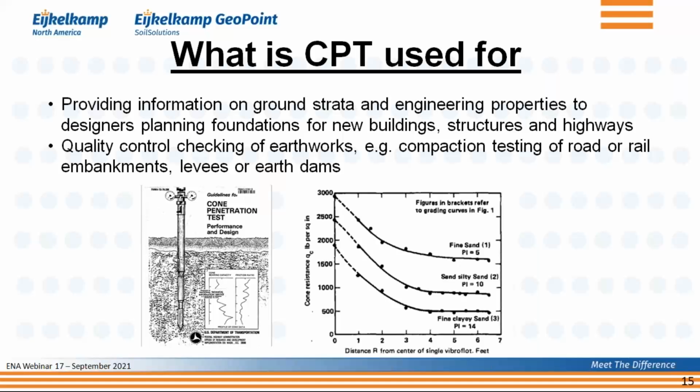And what you see in the graph on the right-hand side is basically how that cone resistance has increased if you are using vibroflot dynamic compaction. On the horizontal axis is the distance away from where you do that. And you see that if you take the fine clay sand, you start out with a cone resistance of about 500 pounds per square inch.